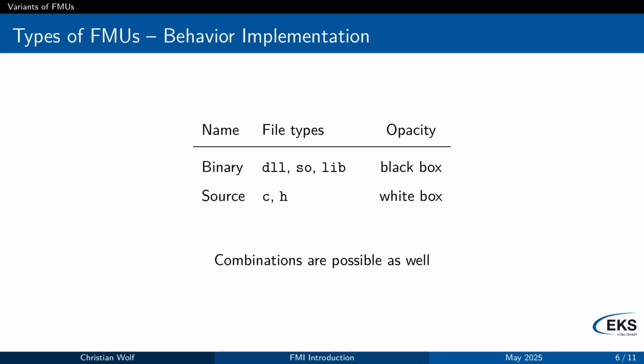So there is a small distinction between those two. And again, in industry, in most use cases, you have binary FMUs because you don't want to mess around with compiling in reality. But this option is there, and it's generally working.